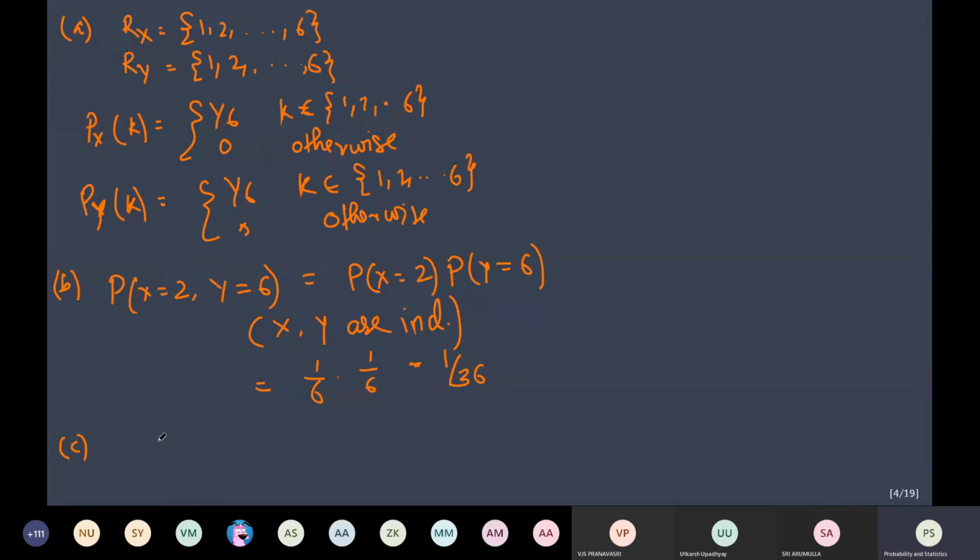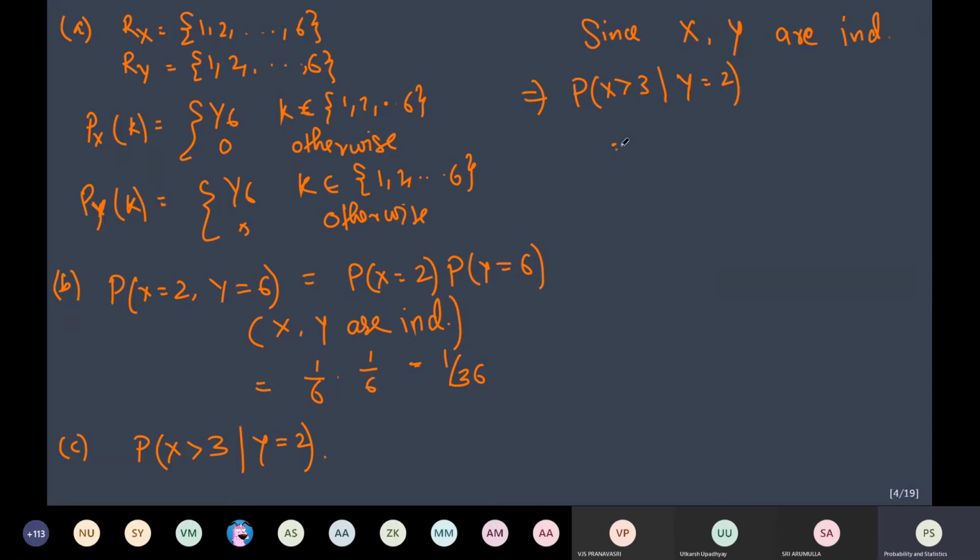We know that x and y are independent. So since x and y are independent, this implies that the probability that x is greater than 3 given y is equal to 2 is just the probability that x is greater than 3.